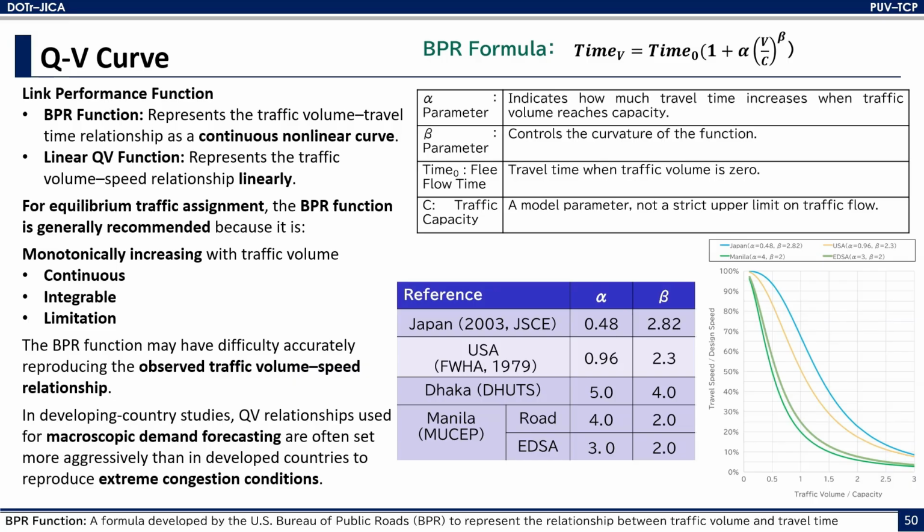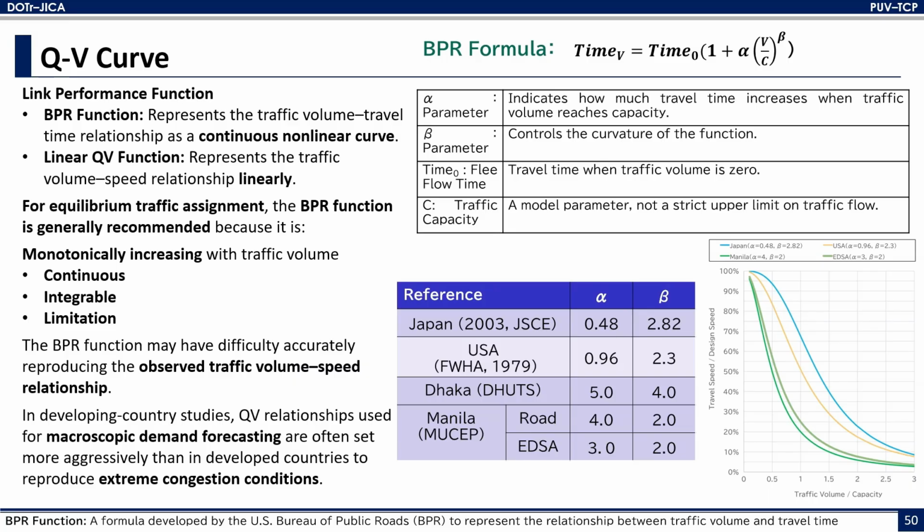And according to these values, for example alpha and beta, the travel speed may be different depending on these parameters. And the BPR function may have difficulty accurately reproducing the observed traffic volume and speed relationships.